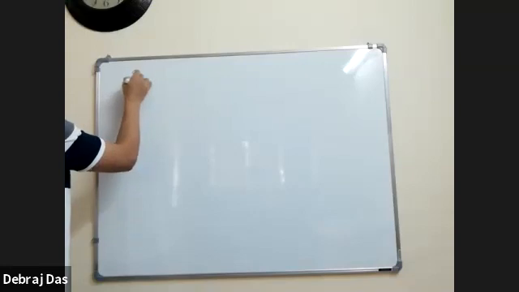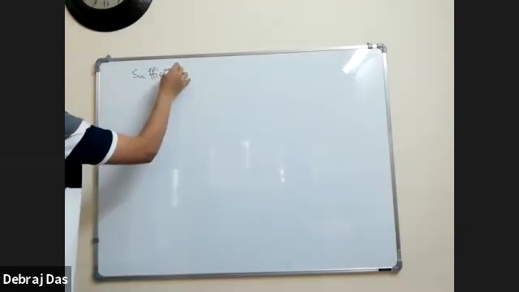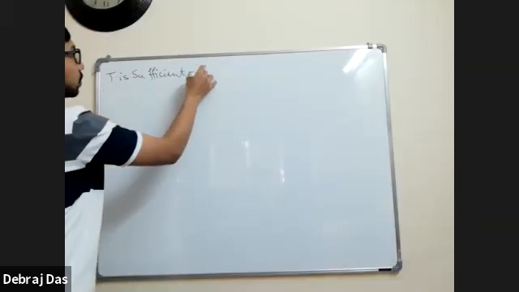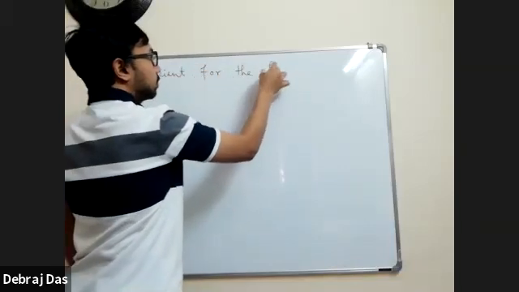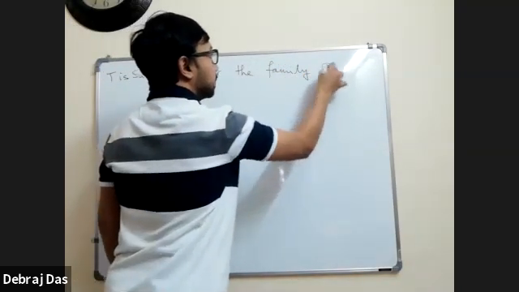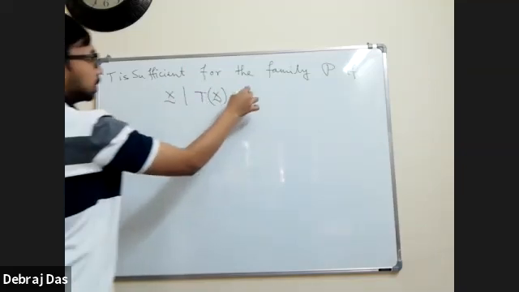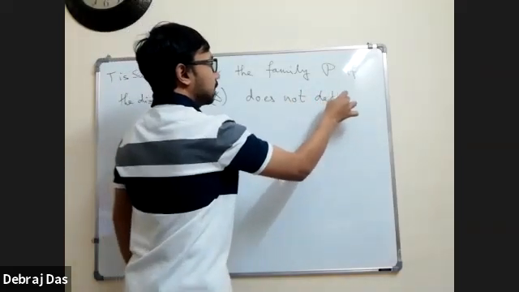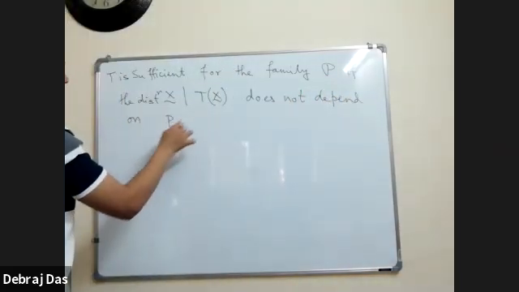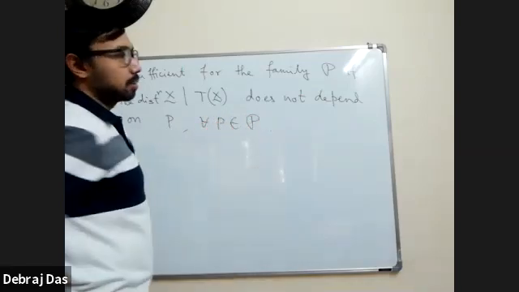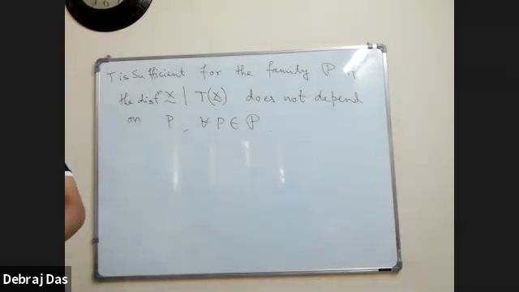So what is sufficiency? T is sufficient for the family P if the conditional distribution of X given T(X) does not depend on P, for all P belonging to this script P, right? So this is the definition.